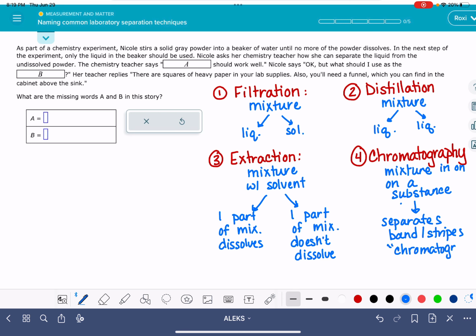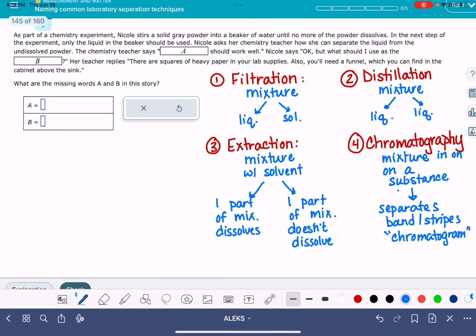It might be easier if I try to draw a picture of the process of chromatography. So it could be like we have a piece of paper and we put a mixture on that piece of paper, put it on that substance. Over time, that mixture is going to separate into bands, in this case, of like different colored substances. And those bands, that product, we would refer to as a chromatogram.